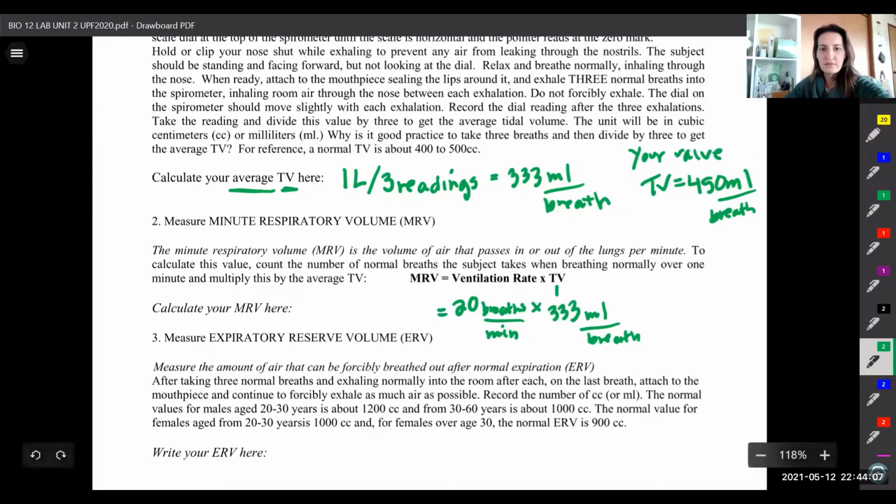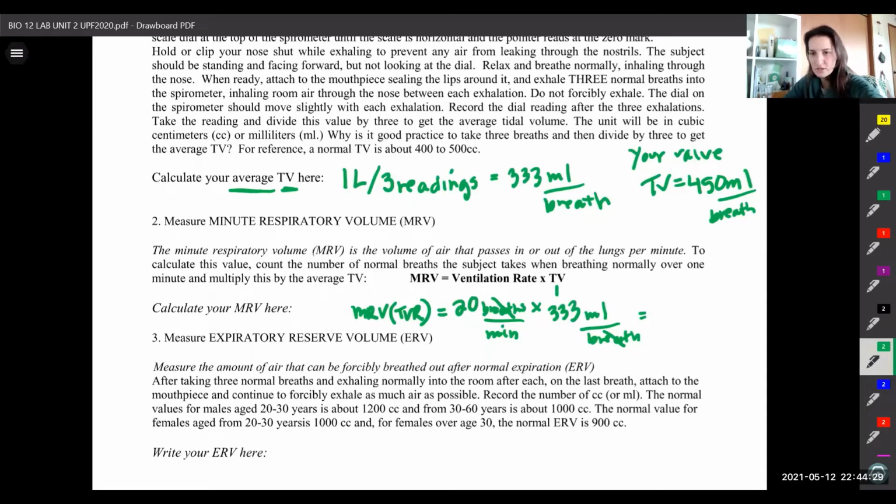So this is going to give us our MRV, otherwise known as our total ventilation rate, our TVR. Breaths cancel out. So we're talking about how much air we're moving in and out of the lungs per minute.